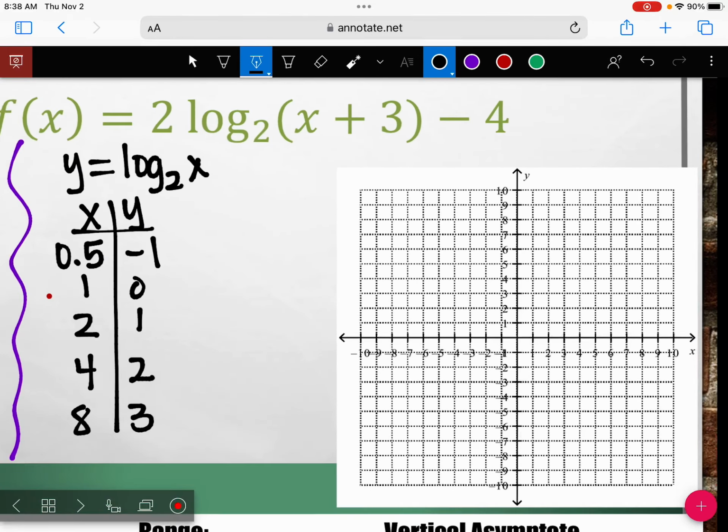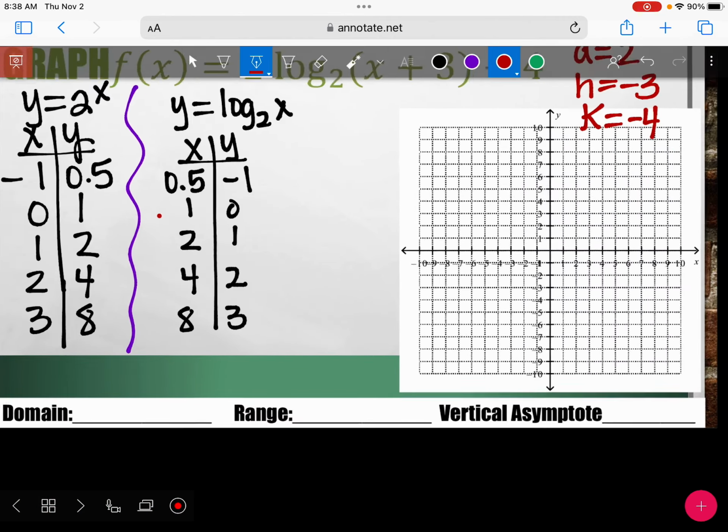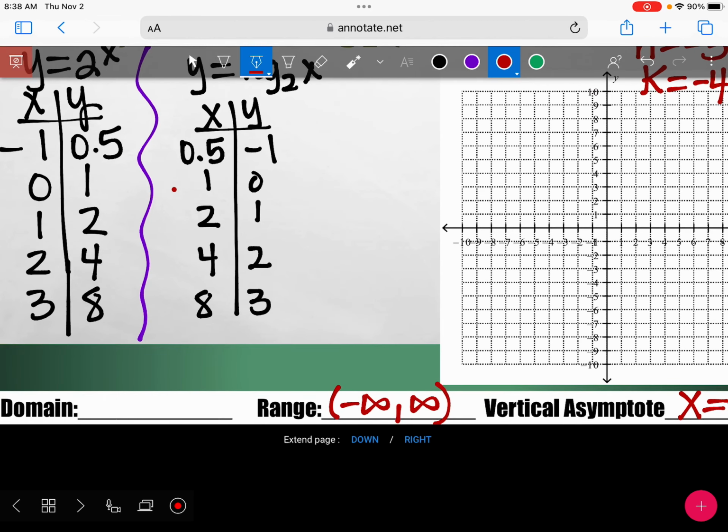Okay, so in this function, A is 2. What is H? H is what? -3, and K would be -4. So we have a vertical asymptote at x equals -3. Your range is all real numbers, and your domain is -3 to infinity.